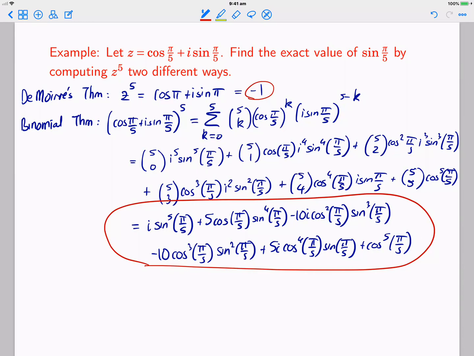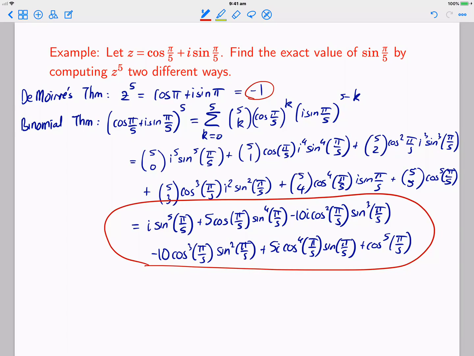What that means is, in order for that big expression to equal negative 1, we'll first note that technically both of these expressions are complex numbers, right? So minus 1 is technically a complex number. Its real part is minus 1, and its imaginary part is 0, and that big expression is a complex number as well. I can separate the real and the imaginary parts.